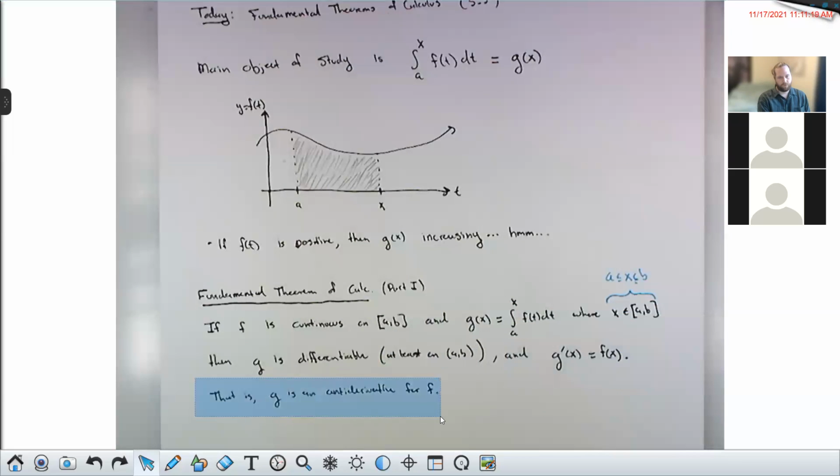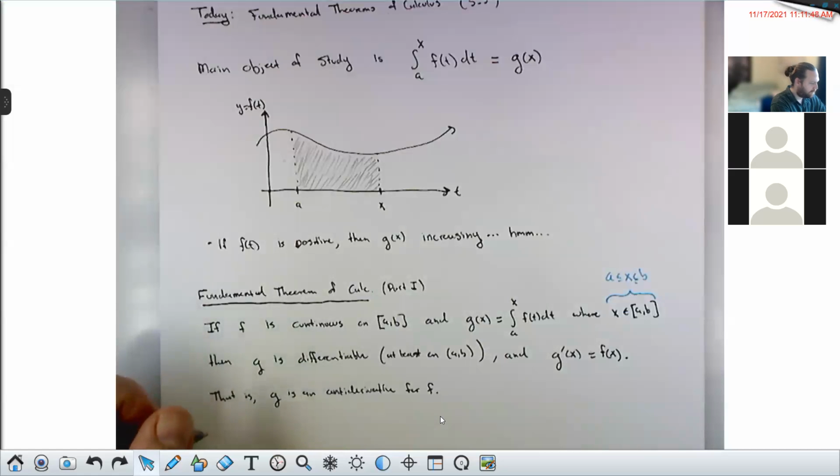In other words, g is an antiderivative for f. There are only so many interesting questions I can ask you about this theorem. The classic one is just defining a function as an integral and then asking you to calculate its derivative. So a classic example here.